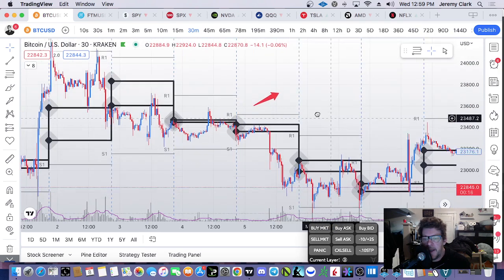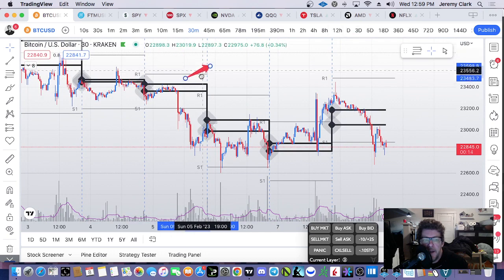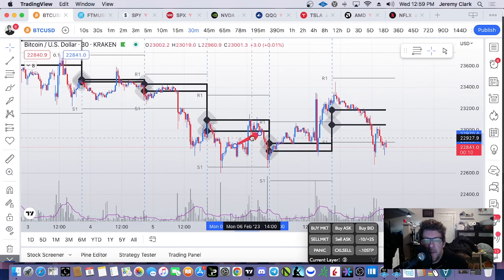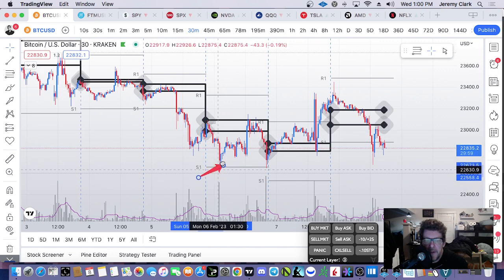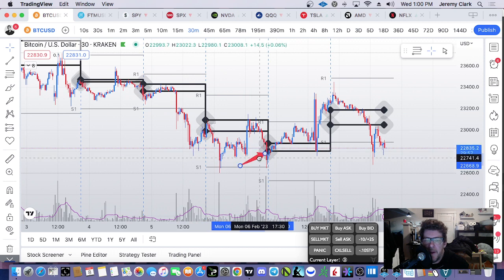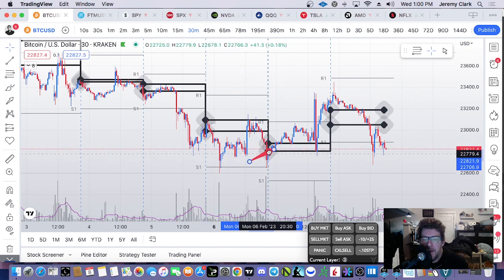The next day, again, we're in a downtrend. There's no R1. Once we got below the central floor pivot, there was a really good drop from CFP to S1. And then the same thing here, CFP to S1. So those were two great short entries that happened on that day. The next day, looks like we got a little bit of sideways action, and then we shot up to R1. So you can see the trend changed here.